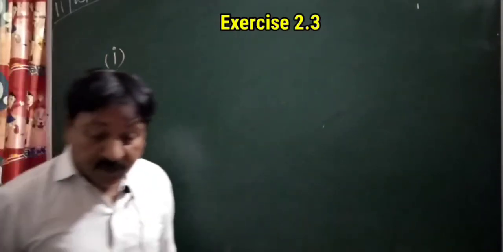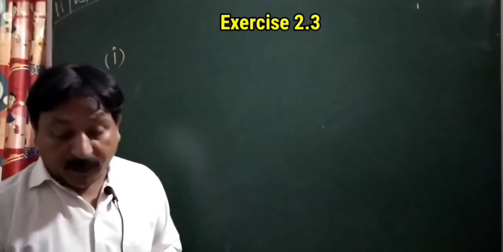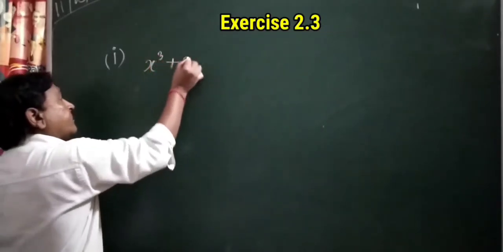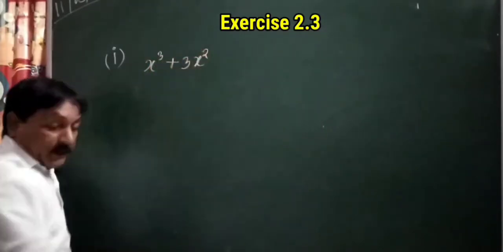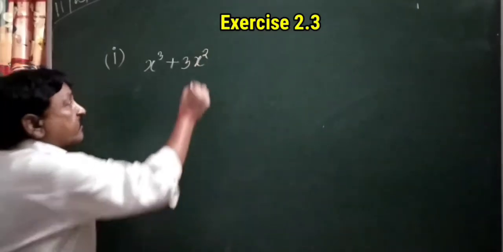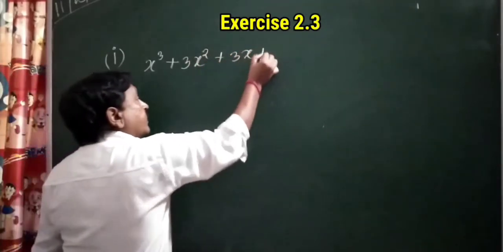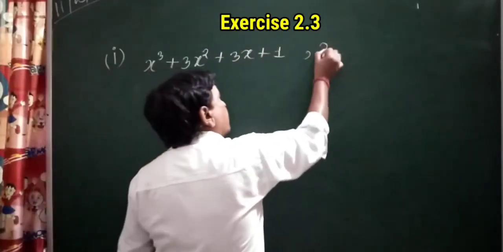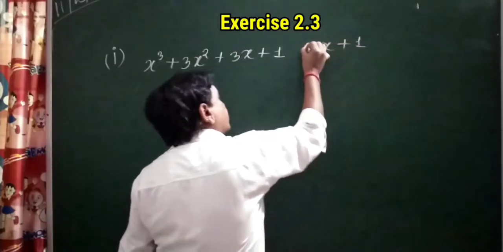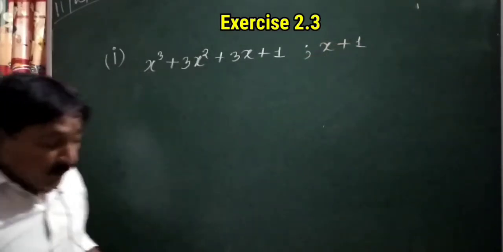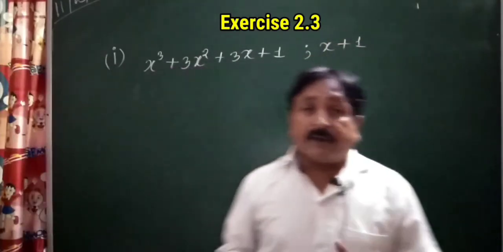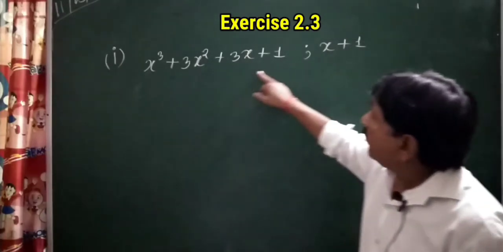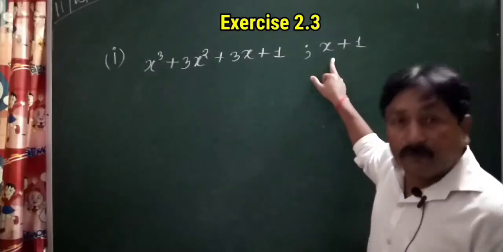Find the remainder when x cube plus 3x square plus 3x plus 1 is divided by x plus 1. In this question of exercise 2.3, we have to find out the remainder when this polynomial is divided by x plus 1.